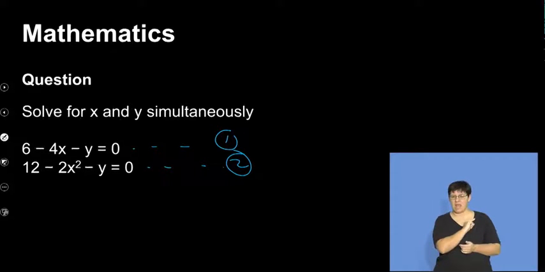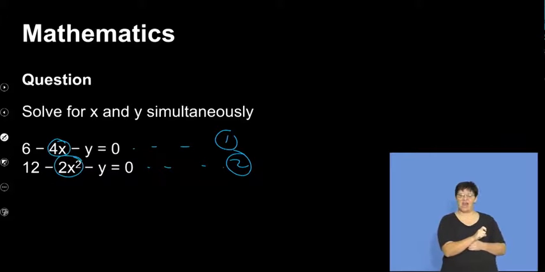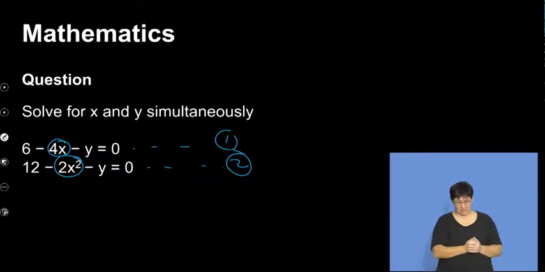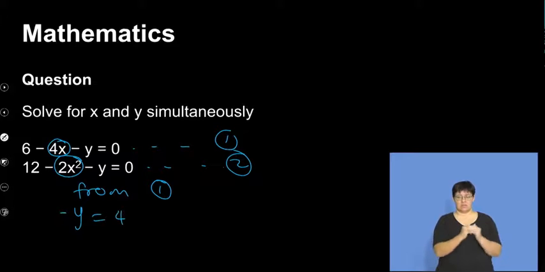Why am I only talking about y? Because as soon as I try to make x the subject of the formula, I will have either a fraction or a square root that is going to be messy to work with. So from equation 1, I will have negative y equals positive 4x minus 6.